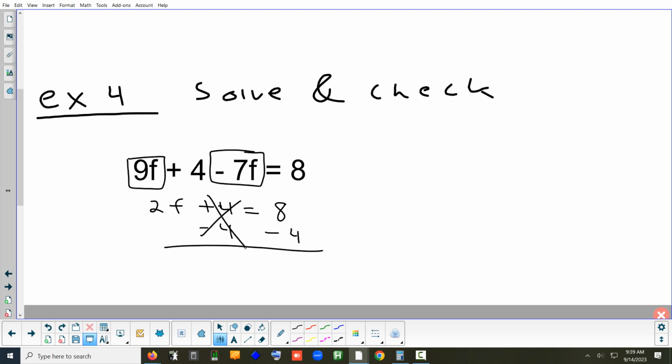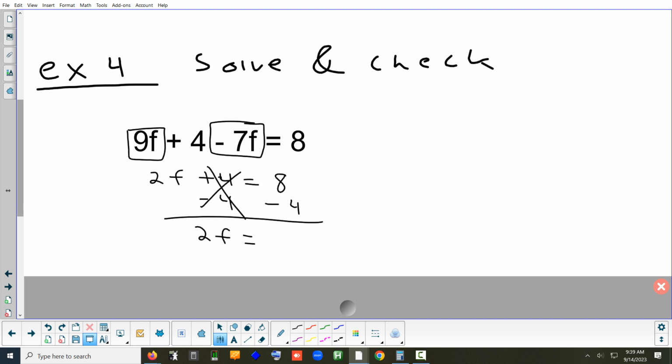Plus 4 minus 4 cancels out, because what's 4 minus 4? 0. On the left side, we still have 2f. And then on the right side, 8 minus 4 is 4.